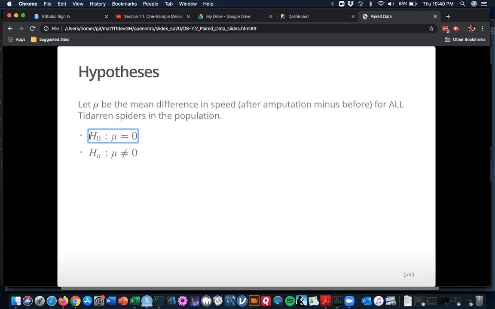And so when you think mu is 0, then you think that out in the population, on average, amputating a pedipalp doesn't make any difference to the speed. Some spiders might get faster, some spiders might get slower, but on average, no difference in speed. That's what the null hypothesis is expressing here. And the alternative just disagrees with that.